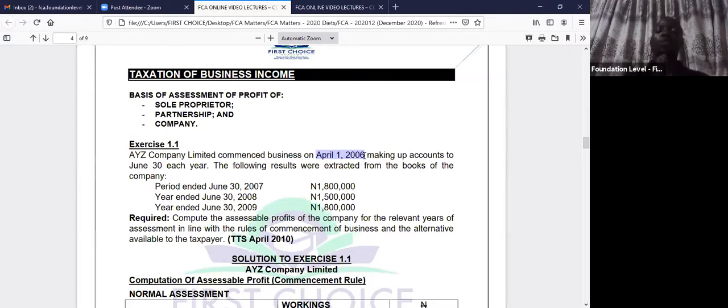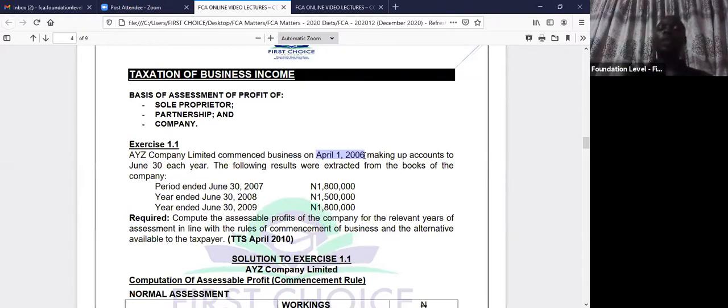That means 2006 is the first year in business. After knowing the first year in business, you need the second year and the third year in business. That means you need 2006, 2007, and 2008 accounts. So these are the relevant accounts that make up commencement of business or the commencement rule.